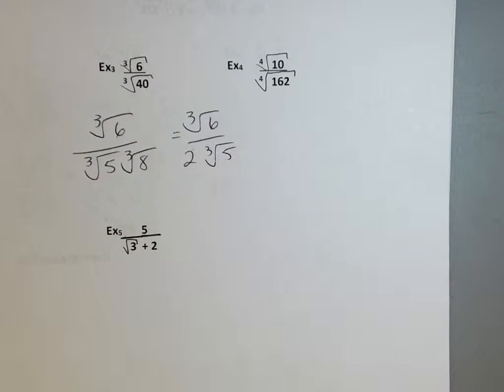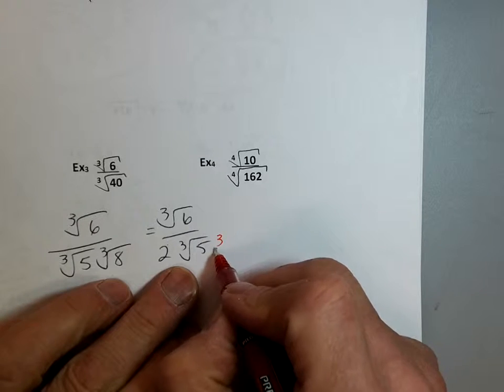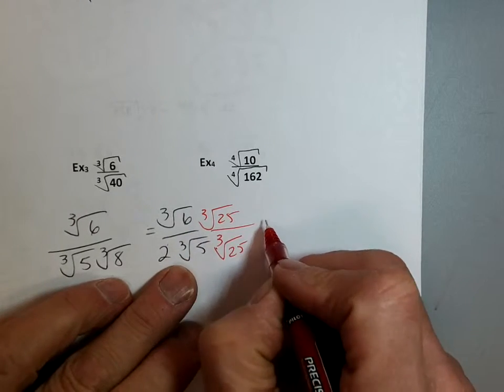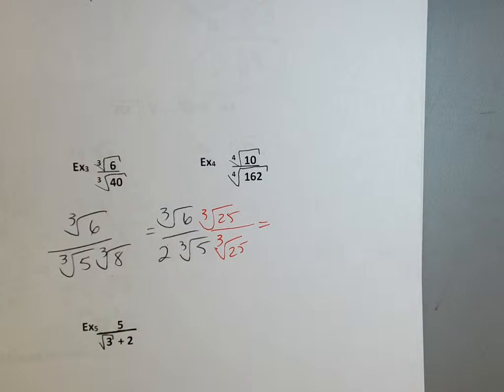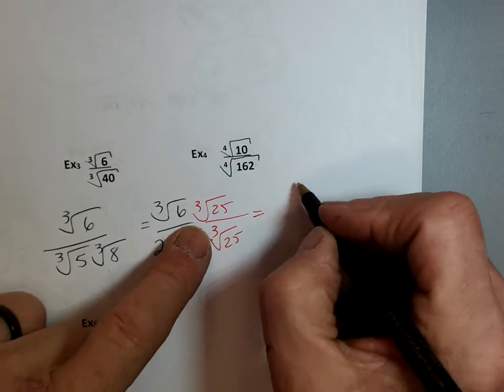And now, let's multiply by what? Just plain old 25, right? Cube root of 25, cube root of 25. I'm going to run out of room, but that's okay. So then I'm going to get, you ready?